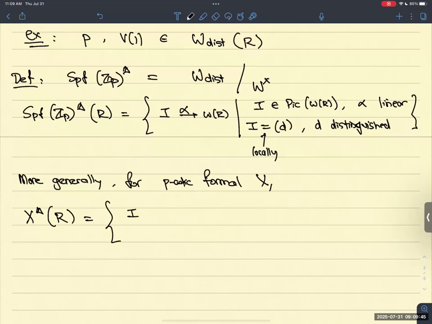One is you first give a point of Z_p prism of R, so just the data as above, a Cartier-Witt divisor. And then now you need this Cartier-Witt divisor to interact with X somehow. And the way it interacts is you're required to have a map from Spec or Spf of W of R mod I into X.